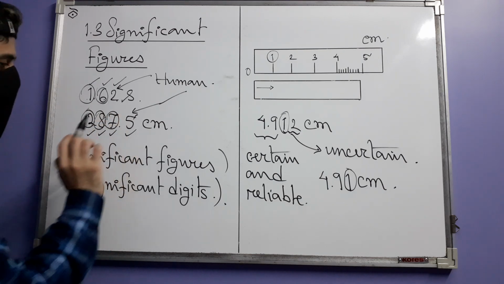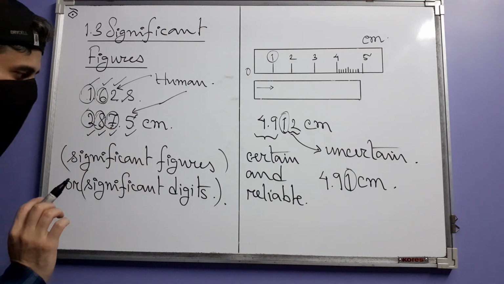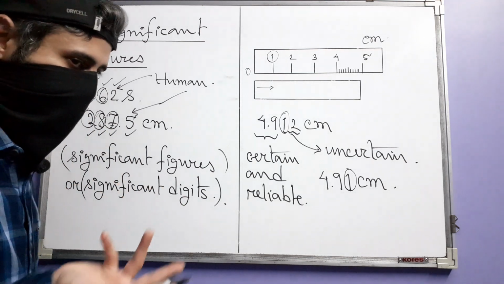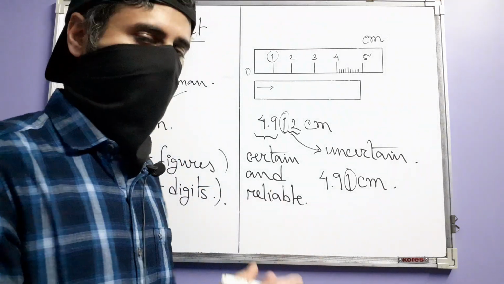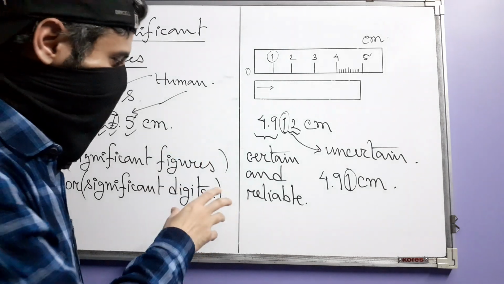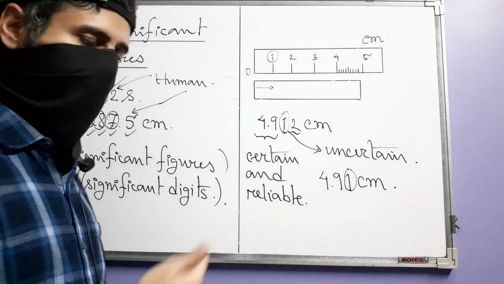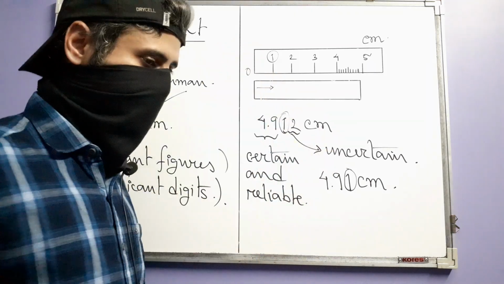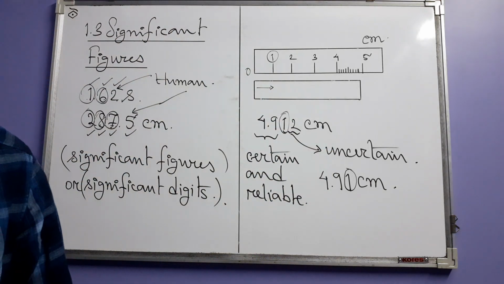This one has 4 significant figures, 3 certain, 1 uncertain. No problem, it's simple enough, but now a great confusion will come. This simple-minded approach of calling these things significant figures and keeping one uncertain digit will now confuse you like this.